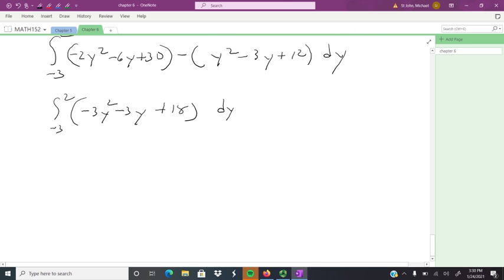And we integrate this, we will have a minus y cubed minus 3y squared over 2 plus 18y evaluated from negative 3 to 2. And if you number crunch this all out, you would end up with 125 over 2.